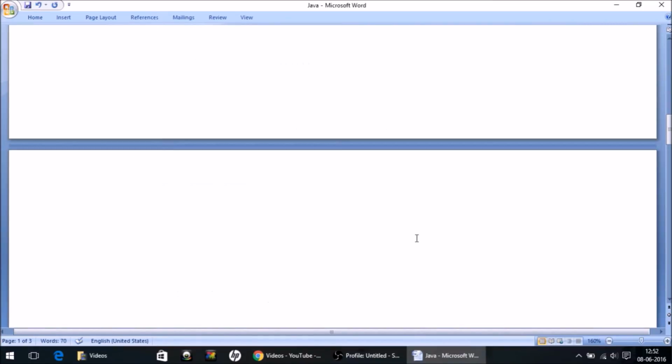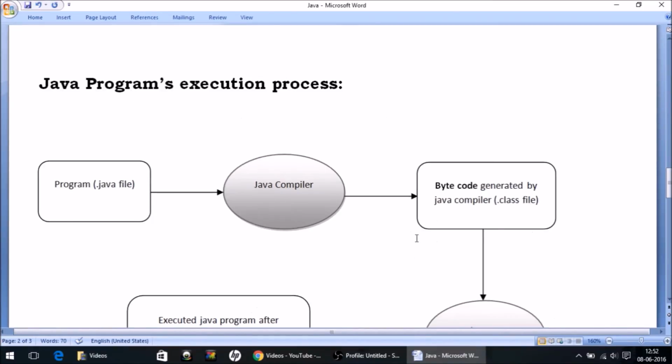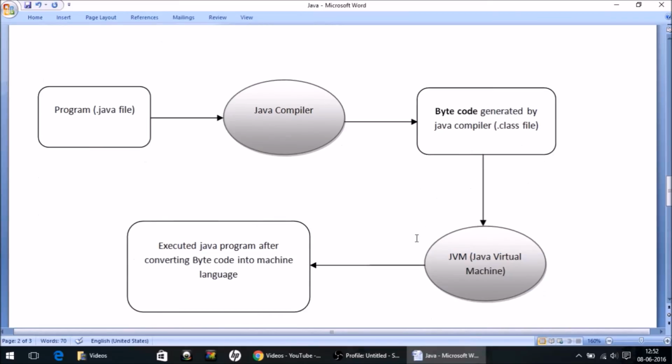What Java does in this regard is this. When you write a Java program, it is saved in .java file. This is the extension of the Java program file. This program is of course given to the Java compiler, which converts your Java program into something called bytecode. Bytecode is similar to machine code, but it is definitely not machine code.